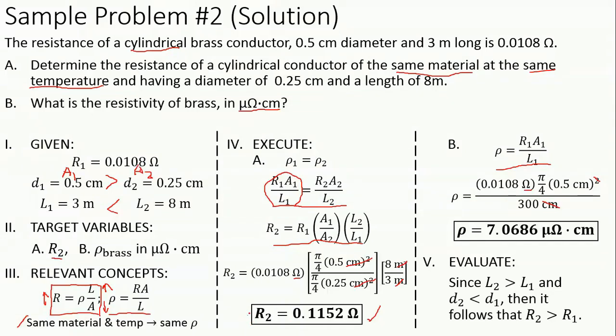In other words, if R2 turned out to be smaller than R1 due to errors in manipulations, a wrong calculator keystroke, or some other reason, it will give you a signal that something's wrong with your calculation and you have to recheck. So this ends sample problem number 2.